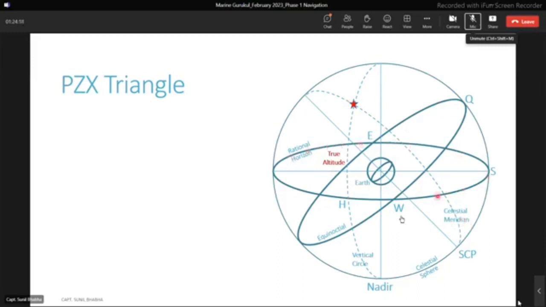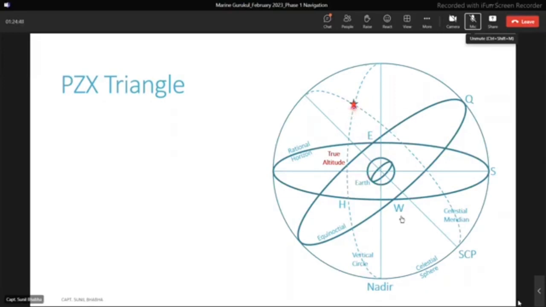Coming to the horizon system now. This is the rational horizon. You can see the nadir, and this topmost point on the diagram is the zenith. Semi-great circles between the zenith and the nadir are known as vertical circles. So you see this particular vertical circle here. And this is the celestial body, the red colored star which you see.